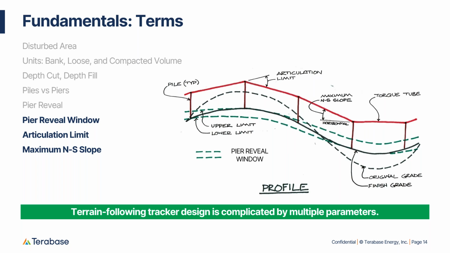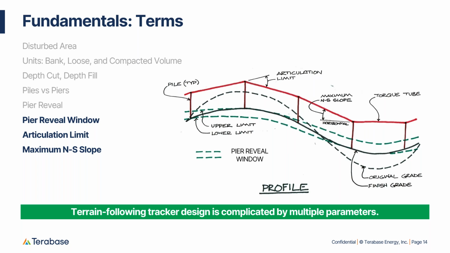We have a tracker profile drawn in red, and along that tracker we show articulation limits, we show maximum north-south slope, and you can see the torque tube there on the top and the piles supporting that structure. The solid black line is the finished grade, and that finished grade has come from our design of the system.